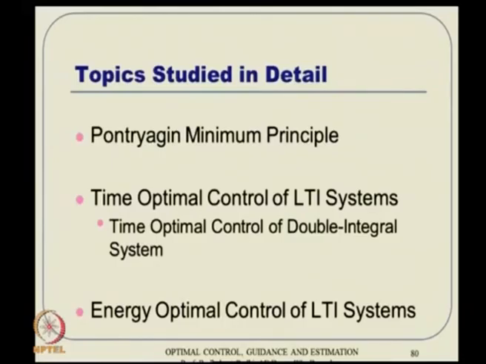Then we also studied energy optimal control for LTI systems in general, where things were much more benign compared to time optimal control. I also mentioned another concept called fuel optimization problems, which was left for self study. Both time optimal control and fuel optimal control lead to discontinuous control or singular arc problems.